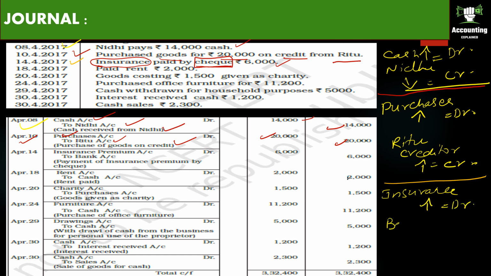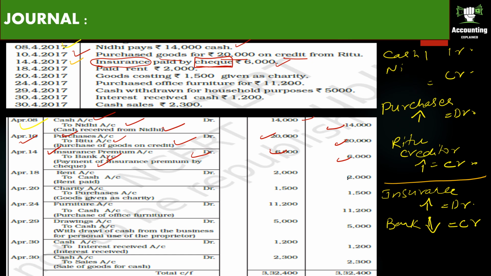And now your bank, since you have paid by check, your bank is an asset which decreases. Bank balance decreases, no, when you pay something, so it has to be credited. The entry is April 14, 2017. Insurance premium account debit 6,000 to bank account 6,000. Payment of insurance premium by check is the narration.